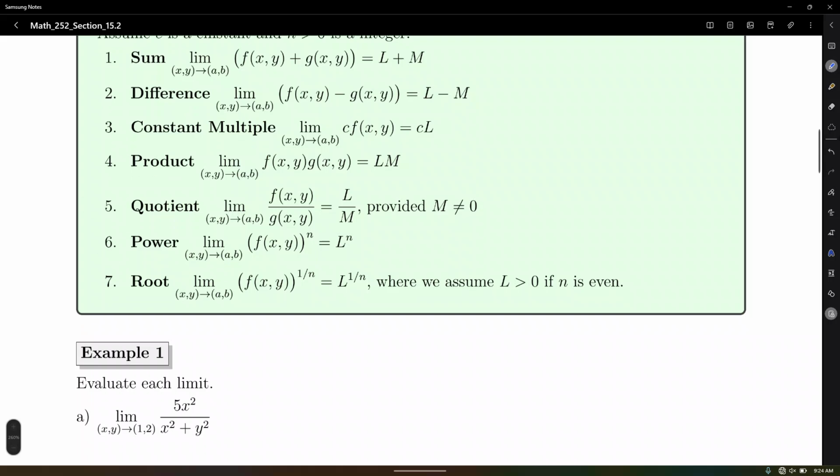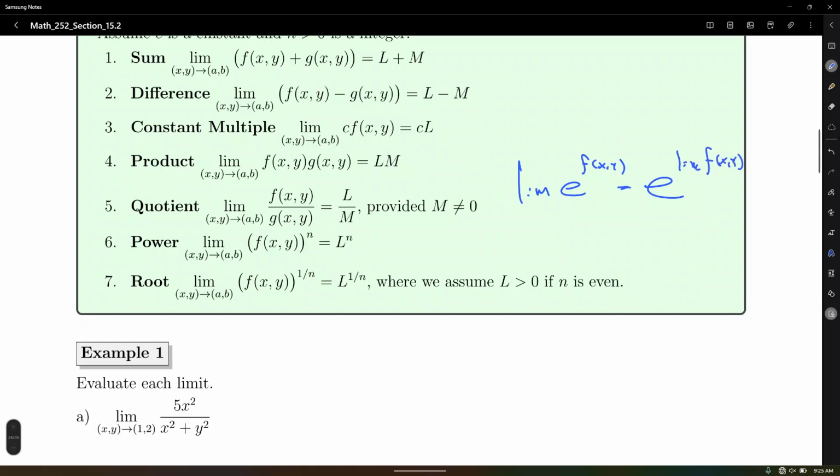The limit of a power is the power of the limit. And of course we can have the square root, or the nth root, not just the square root. The limit of a square root is the square root of the limit. In the same way, if you have the limit of, say, e to the f of x, y, this is e to the limit of f of x, y.